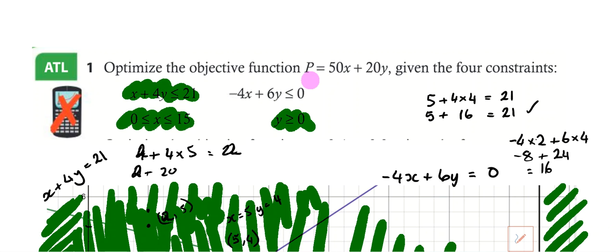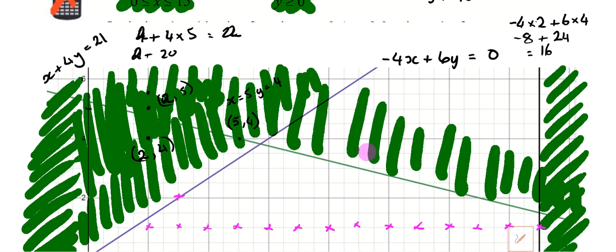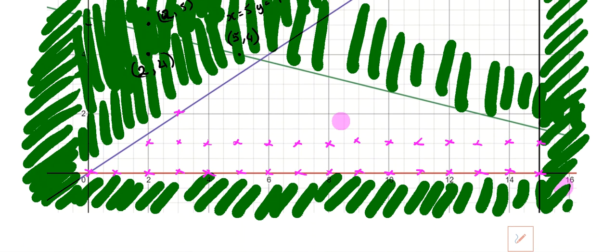Now, if I look at this region, where do you think the best value is going to be? Which one, x or y, is the most important in the value of p? The x. Why the x? Because you have a greater potential value. Yeah. So I thought 50 lots of x, but only 20 lots of y.